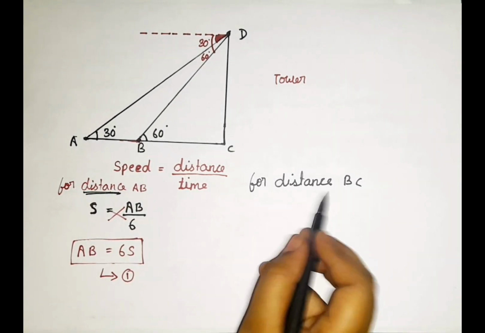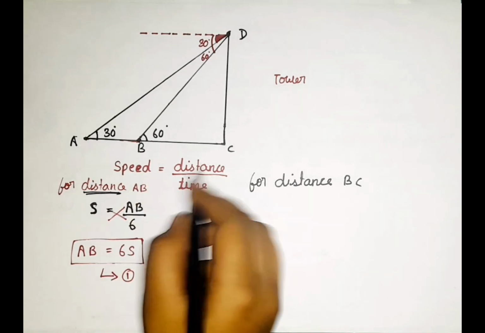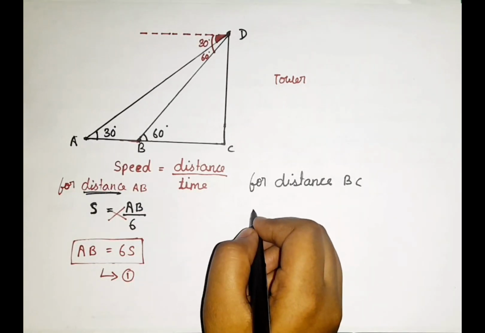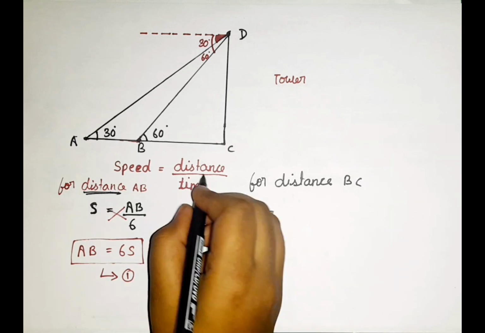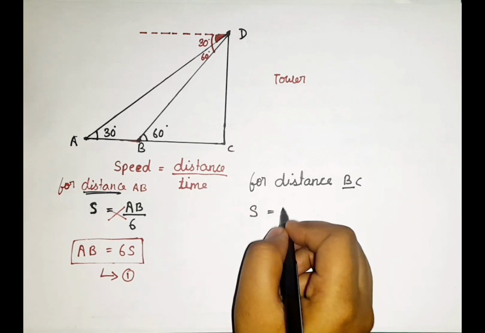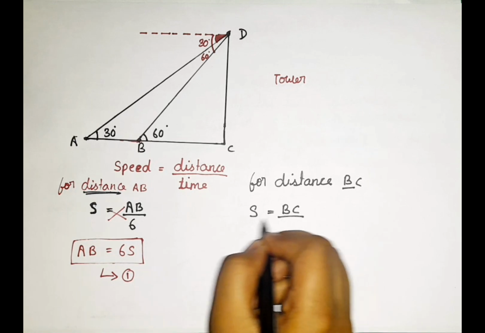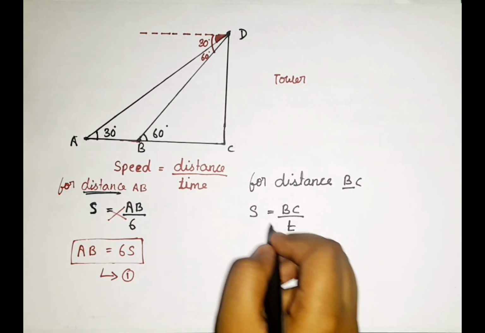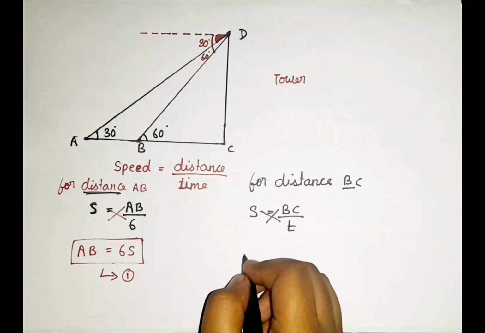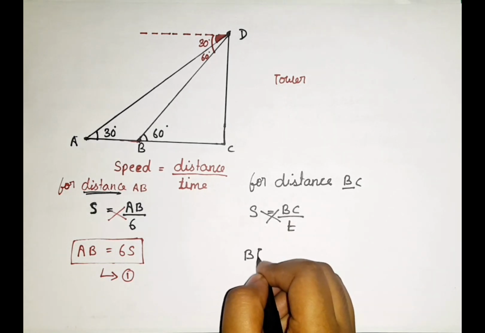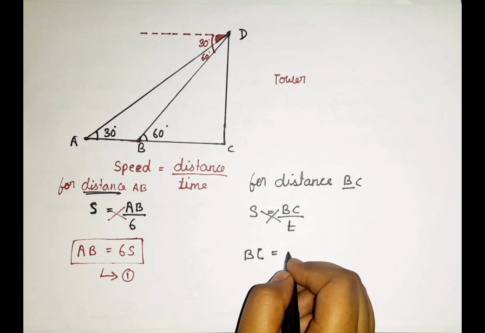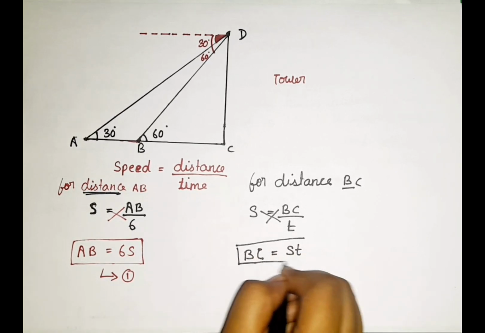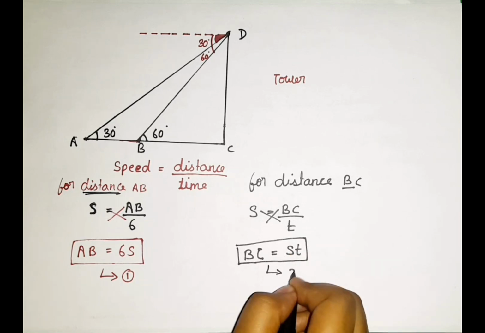For finding the distance BC also, let us apply this formula. Here we don't know the speed, so let us take it as S is equal to distance, here it is BC, divided by time. Here they didn't mention the time, so let us write T. Cross multiply, so BC is equal to ST. Let us take it as equation number 2.